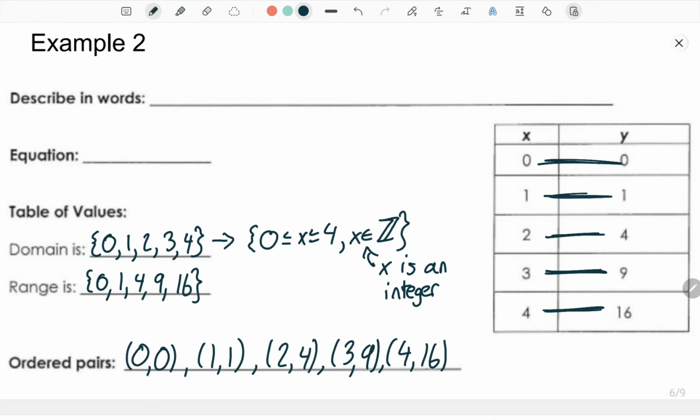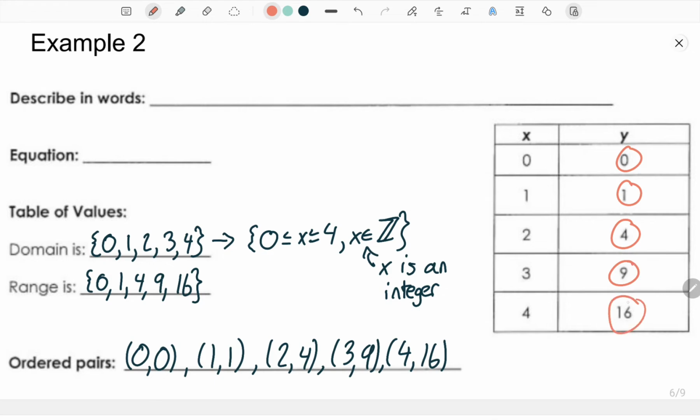All right, so what would the equation be here? What's actually happening with our values of x to give us the y value? Well, if we look at the values, what's actually happening is the numbers that we've listed, 0, 1, 4, 9, 16, those are all perfect squares.